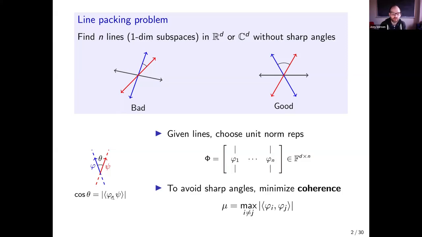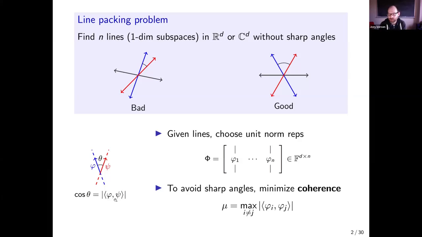So I'm happy when this inner product is small. I'm not happy when there's a sharp angle. Like the worst case scenario would be if these kids are sitting one on top of another. That happened to me when I was a kid. Sometimes I had to sit on one of my siblings' lap in the back seat. And that would be like having an inner product of 1 here, okay?